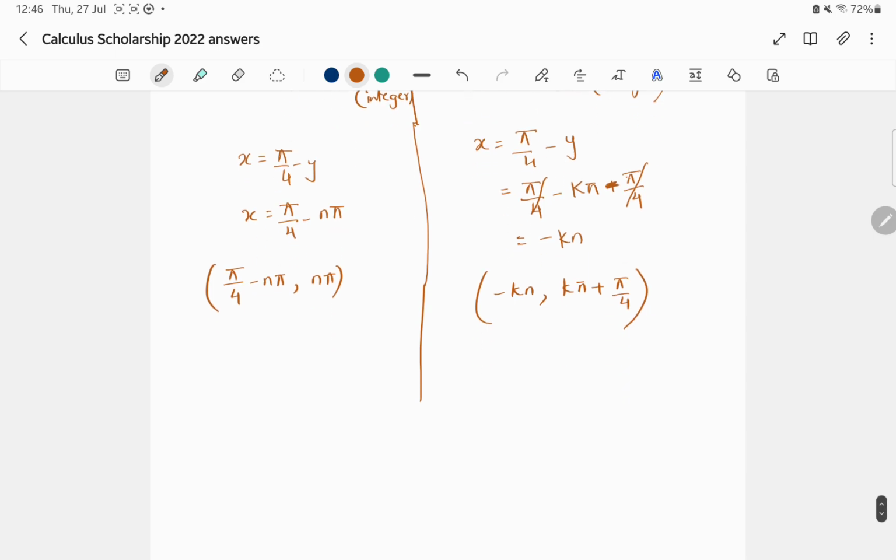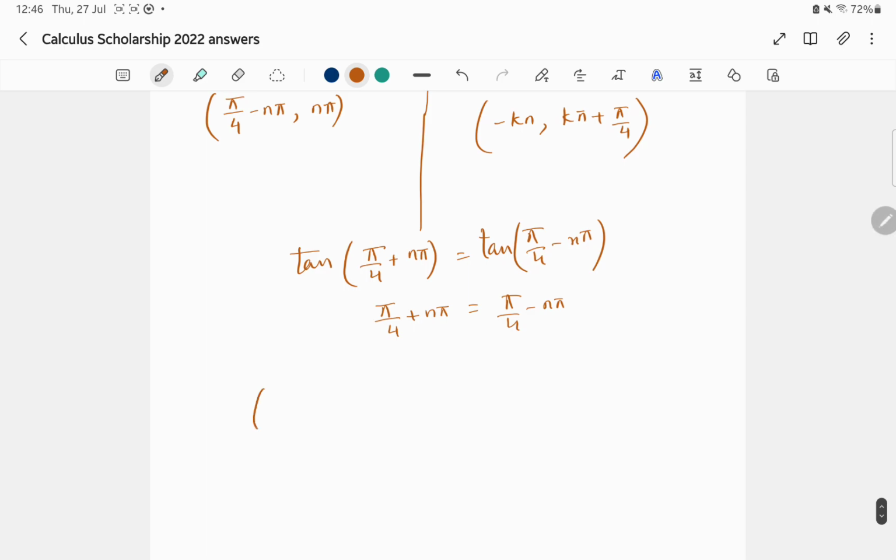Now we know that tan of (pi over 4 plus n pi) is equal to tan of (pi over 4 minus n pi). They both have the same value. So in that case, our coordinates could be pi over 4 plus or minus n pi, comma, plus or minus n pi.